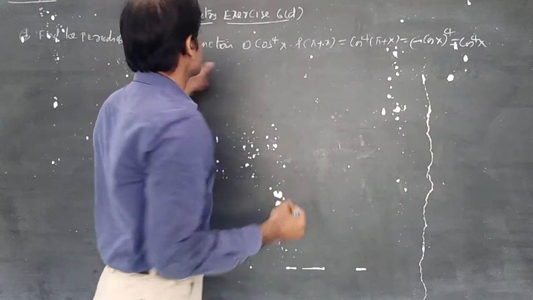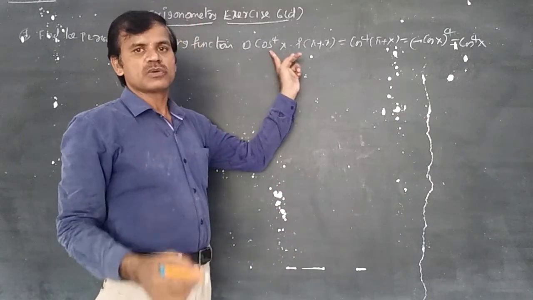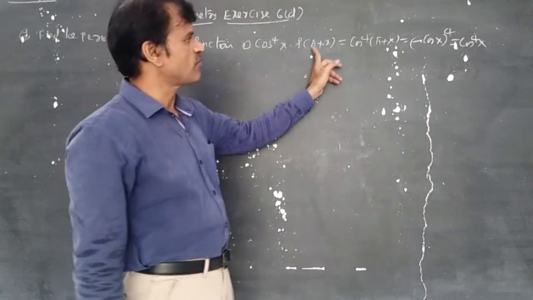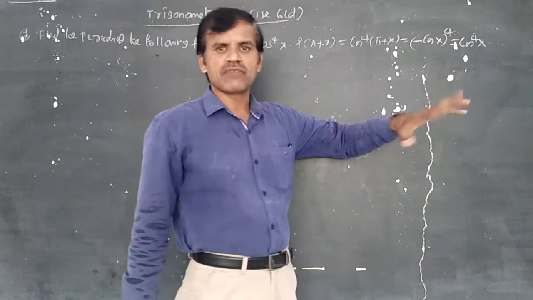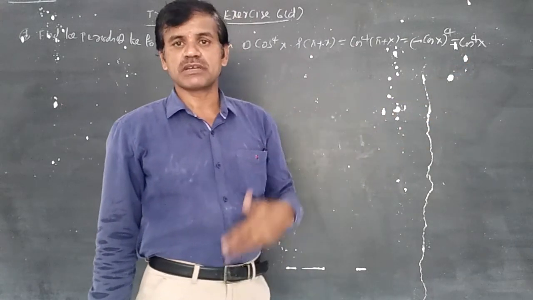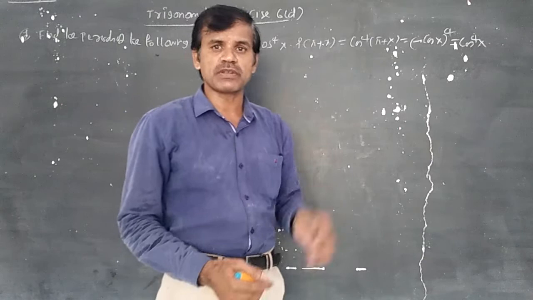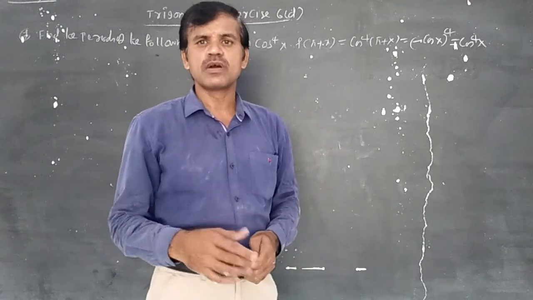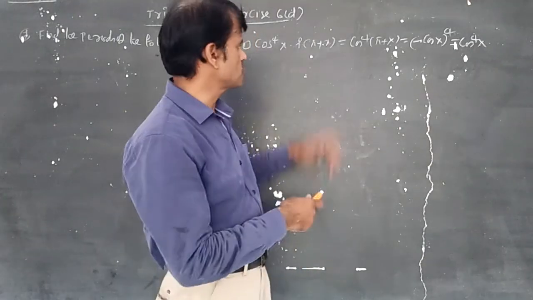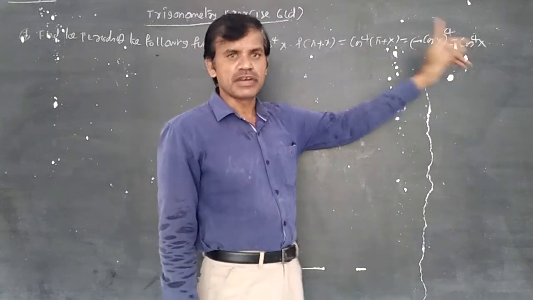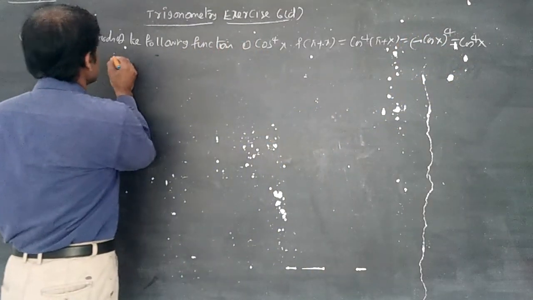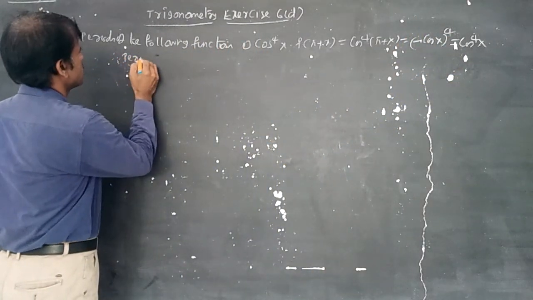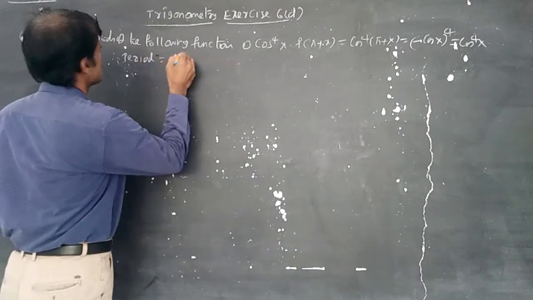Whatever the function you have taken, you substitute f of p plus x and get the same function. Of course, f of 3 pi plus x, f of 5 pi plus x, f of 7 pi plus x, f of 10 pi plus x, any number you can substitute. Whatever the least number you are substituting, that indicates the period here. Therefore, the period is simply pi.